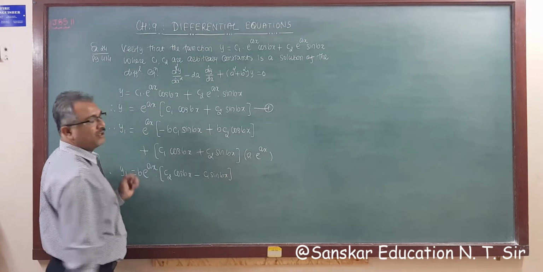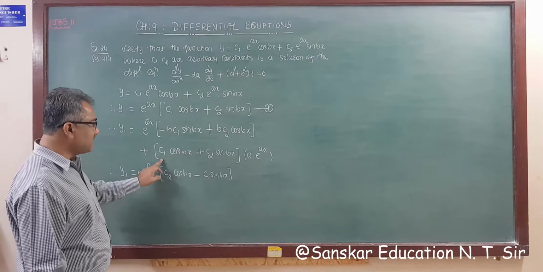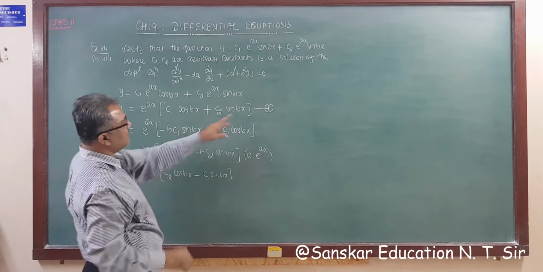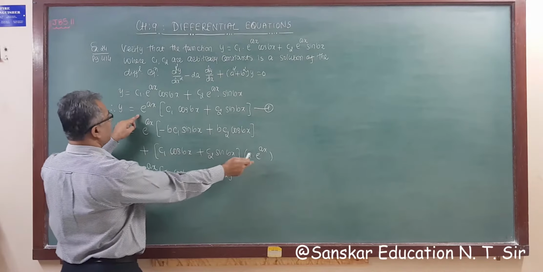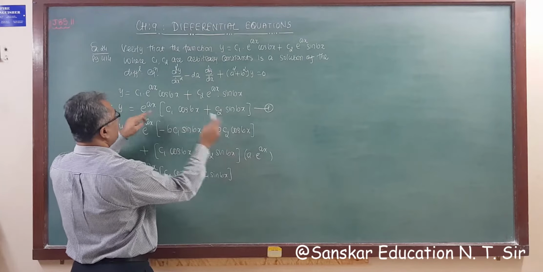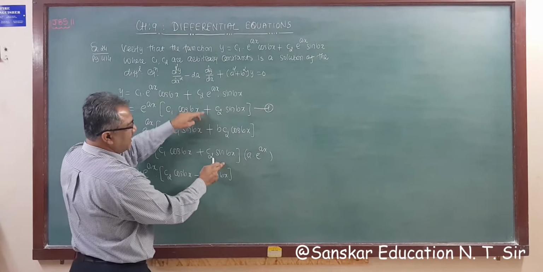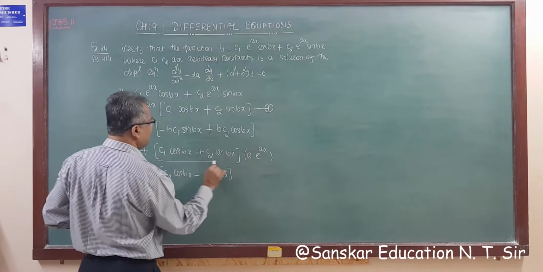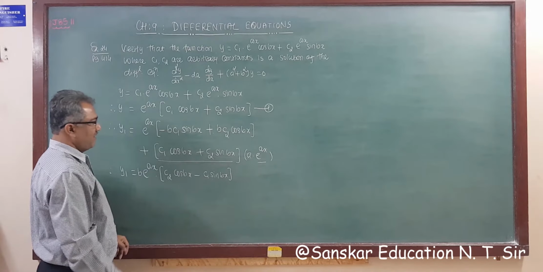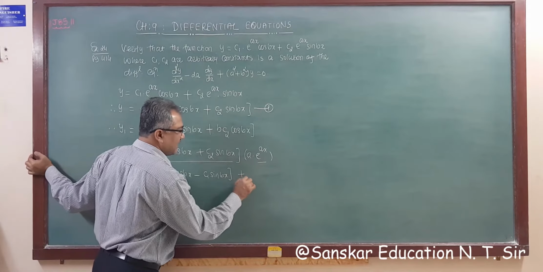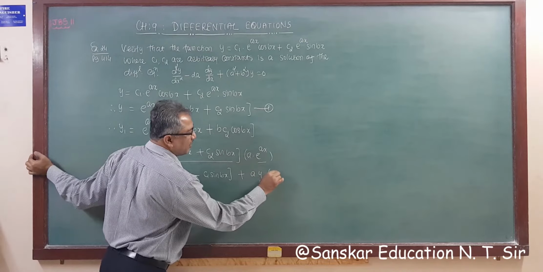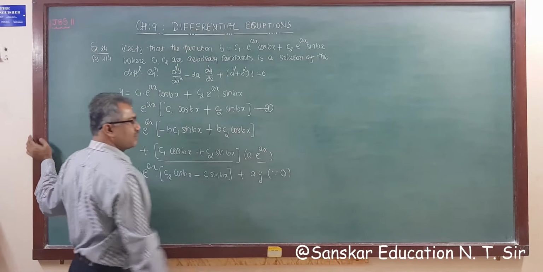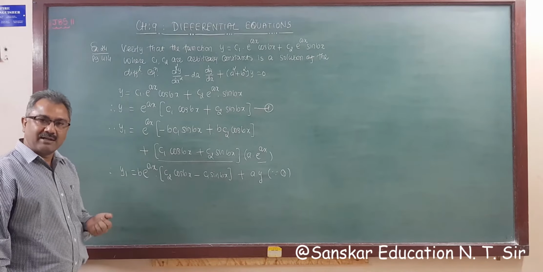And as you know, in equation number 1, e raised to ax times c1 cos bx plus c2 sin bx is your y. So this is plus a y from 1. So this is a small equation now.